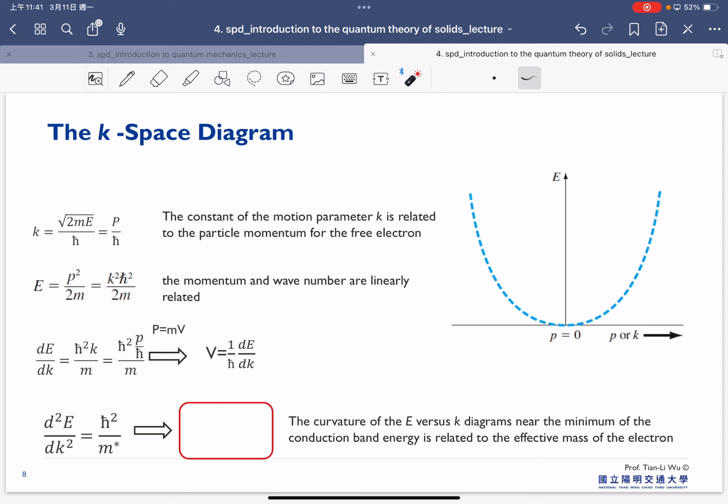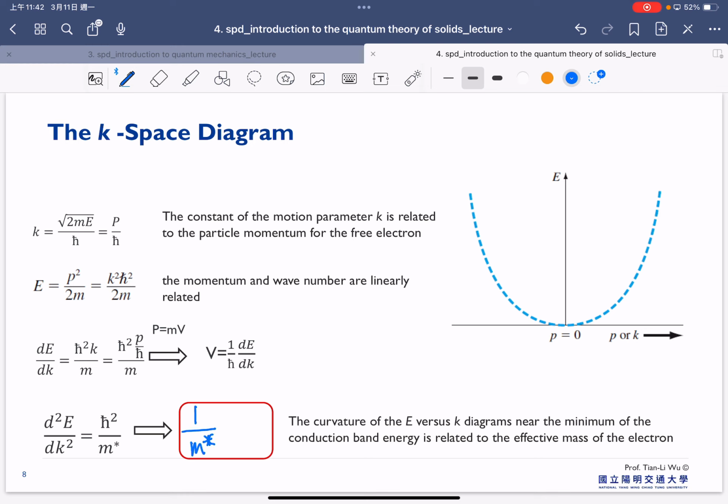Showing here, this is energy, and this is related to P, the momentum. We have this equation: the constant of motion parameter K is related to the particle momentum for free electrons. Once we do certain calculations, in the end it becomes like this.